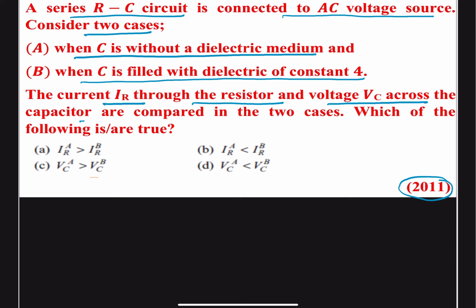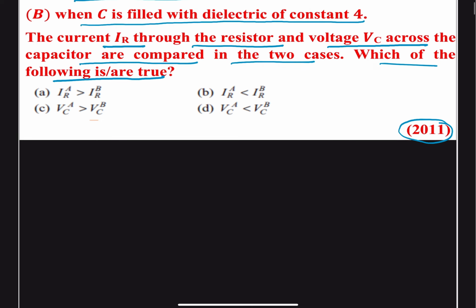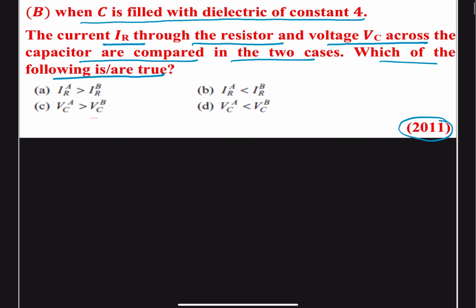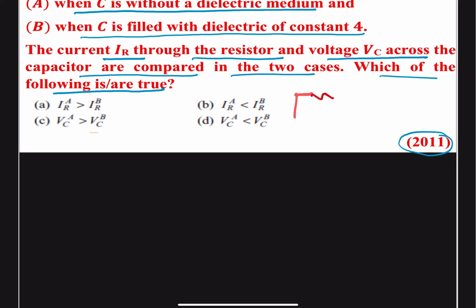And in the question, it is given as a simple RC circuit. So we can just draw a rough approximate diagram for it. We have a resistance and capacitor, and it is connected to an AC source. And from here, the two cases are derived.